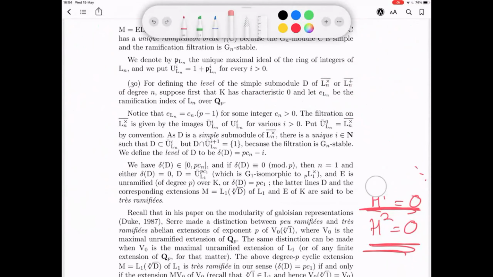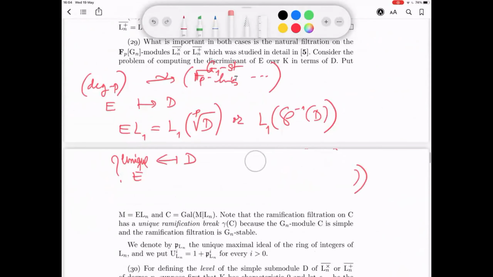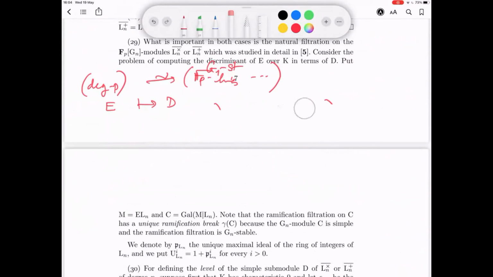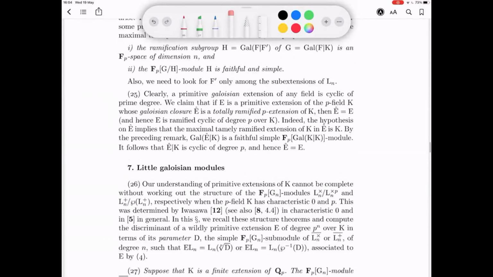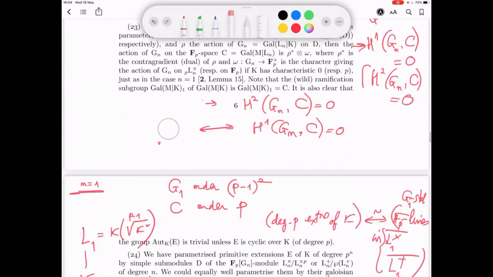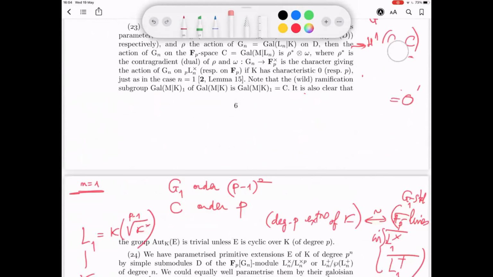That was the case n equal to 1. And the case of arbitrary n is conceptually very, very similar. The only difference is that in order to get the vanishing of H1 and H2, you have to use a somewhat more general lemma. It's not very direct.